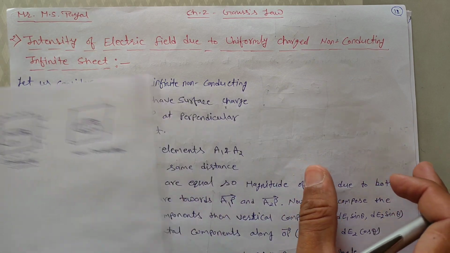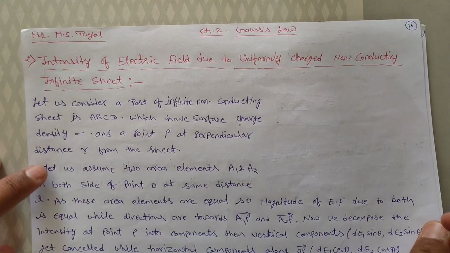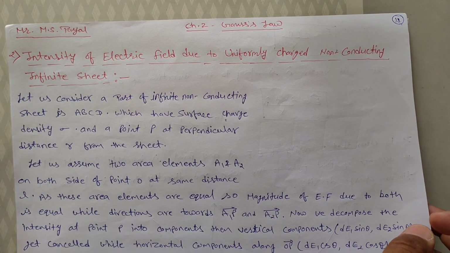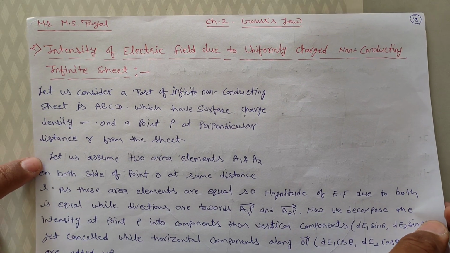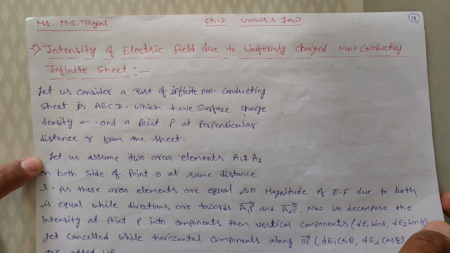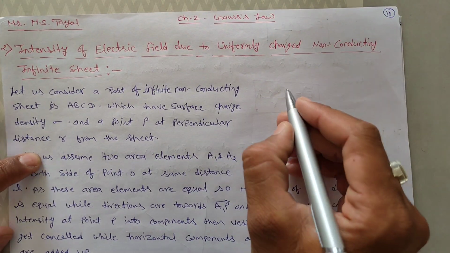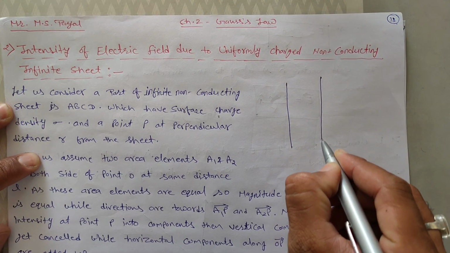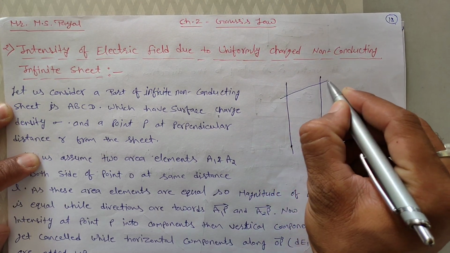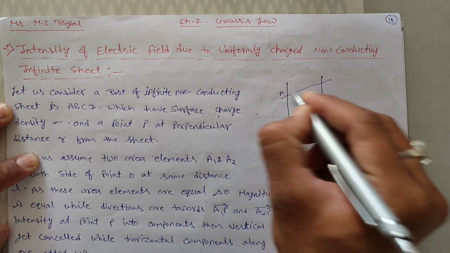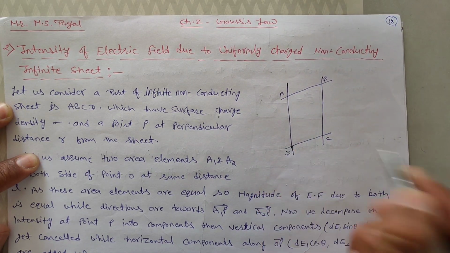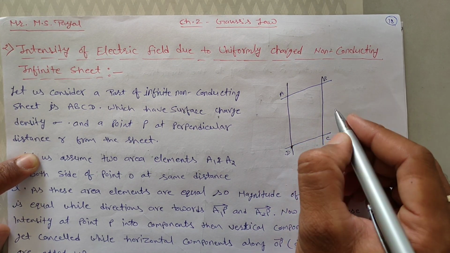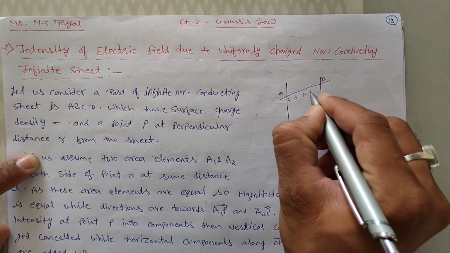Now, to find the electric field intensity due to a uniformly charged non-conducting infinite sheet, we consider a part of the infinite non-conducting sheet, ABCD, like this, which is uniformly charged, and the surface charge density is sigma.